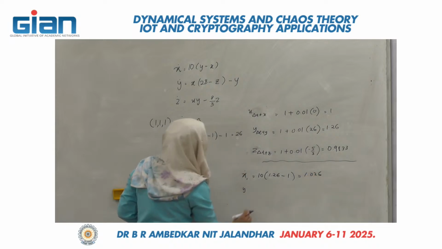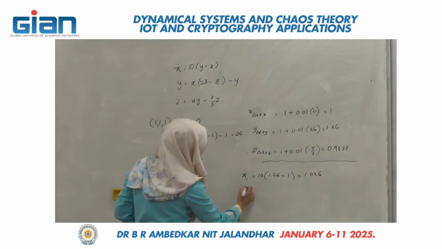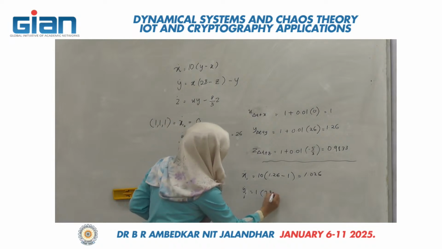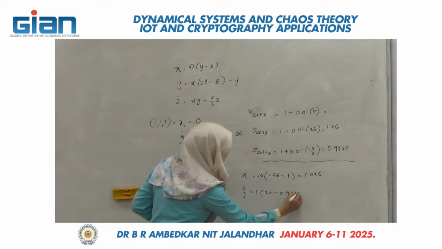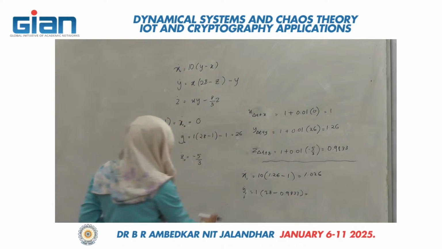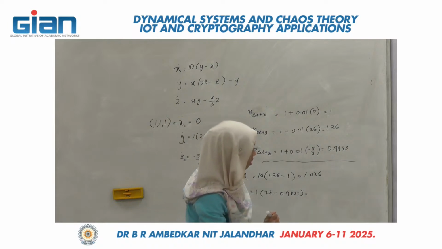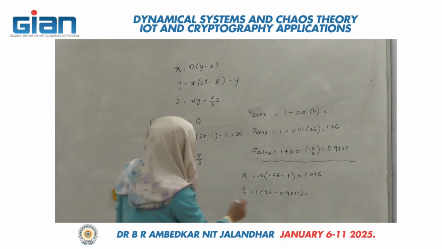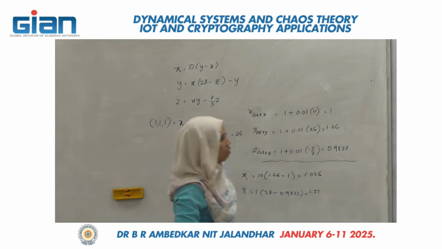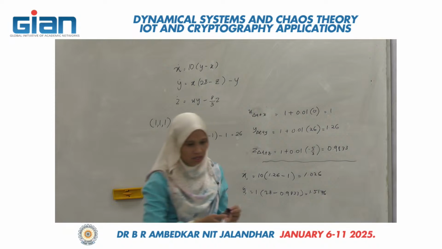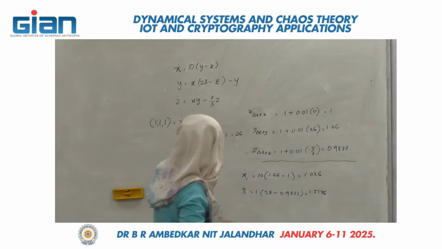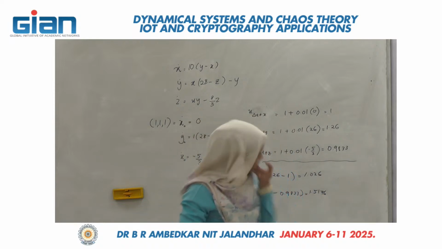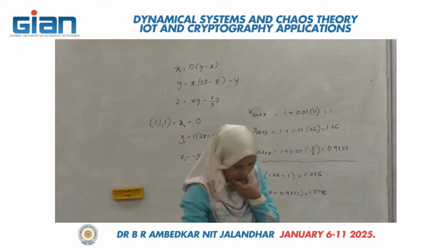And y dot is x times (28 minus z) minus y, where z is 0.9833.